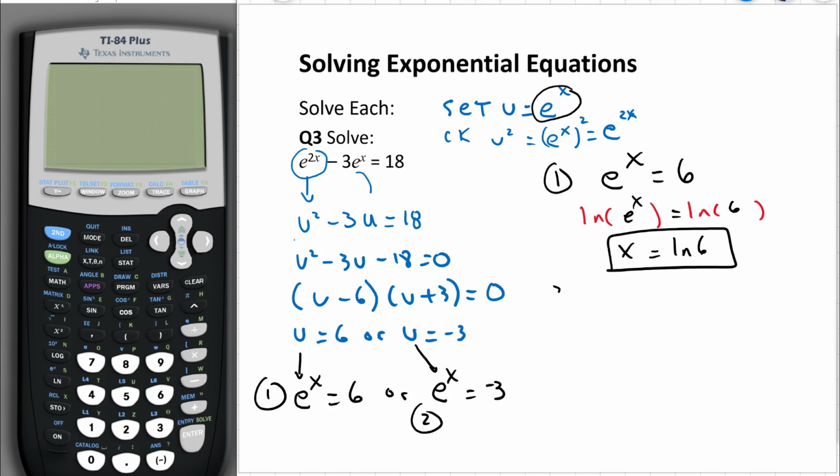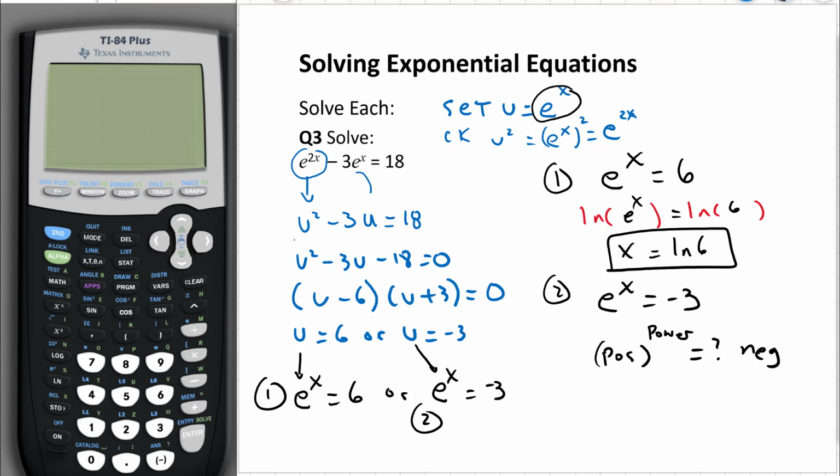And when I solve the other one, I'm going to plug in e to the x equals -3. Now, intuitively and algebraically, I'd like you to see something going on here. E is a positive number. If you take a positive number with a power, can you get a negative?